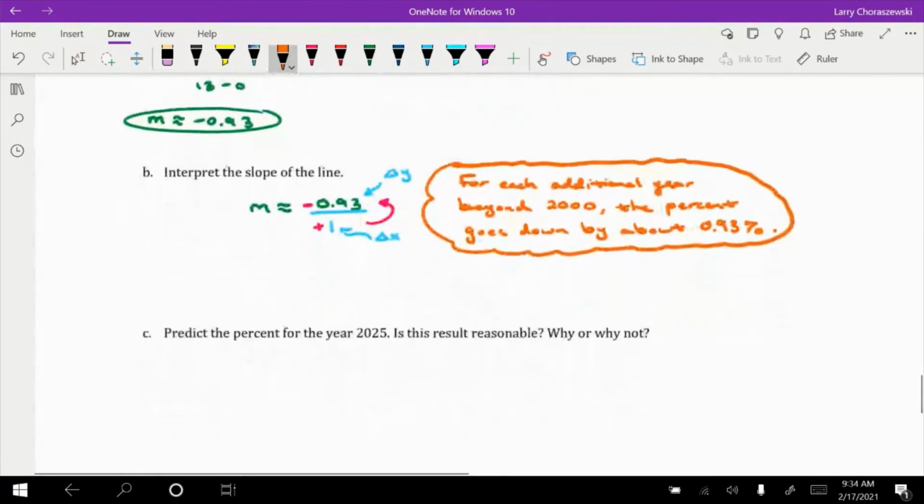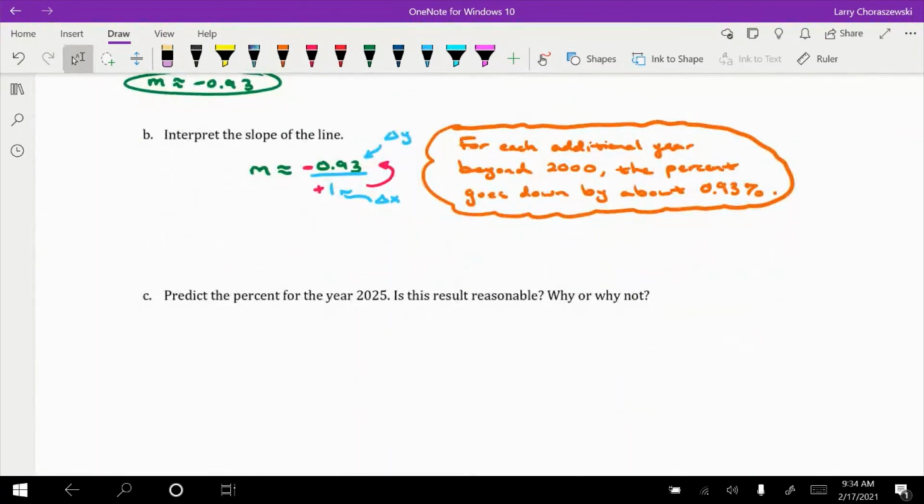For part C, they want us to predict the percent for the year 2025. And then a couple of follow-up questions. Is the result reasonable? Why or why not? How would we start this one out? Close.